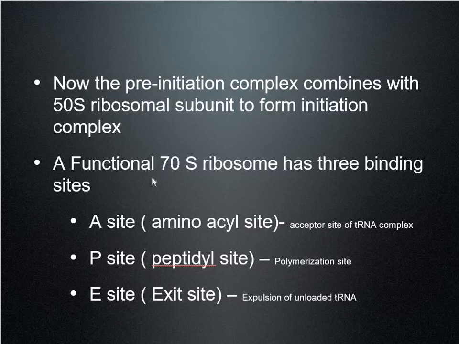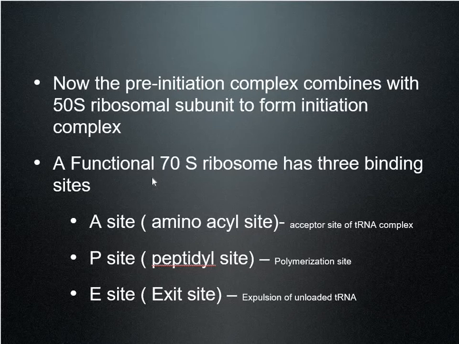The A site is called the aminoacyl site. The P site is called the peptidyl site. The E site is called the exit site. The A site is also called the acceptor site because it accepts the tRNA complex. Whenever tRNA carries an amino acid and comes to the ribosome, it is received by the amino acid site.